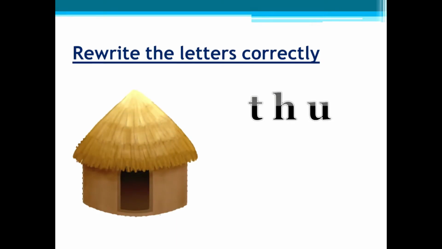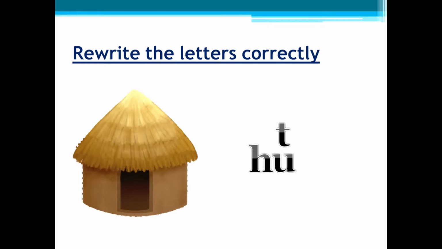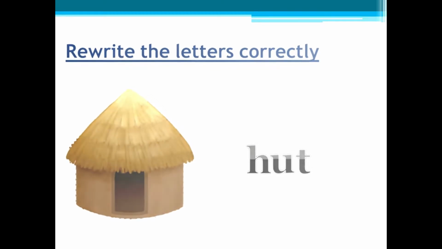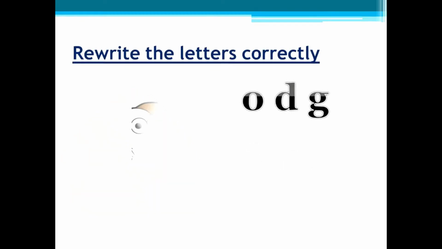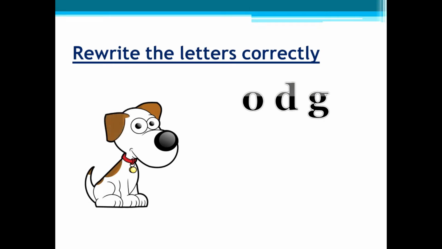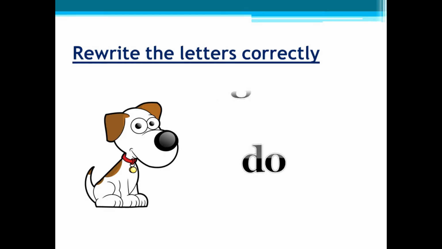Yes, it is a hut. So how can I write hut? H, U, T. H, U, T, hut. And this one? Yes, it is a dog. And how will I write dog? D, O, G. Dog.